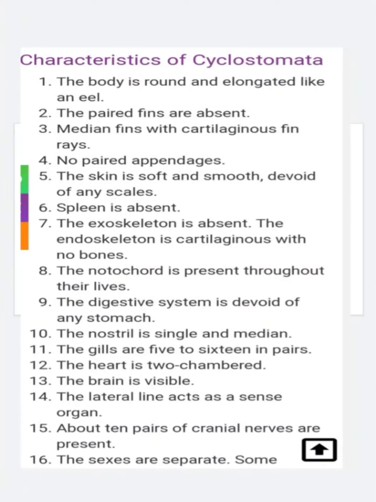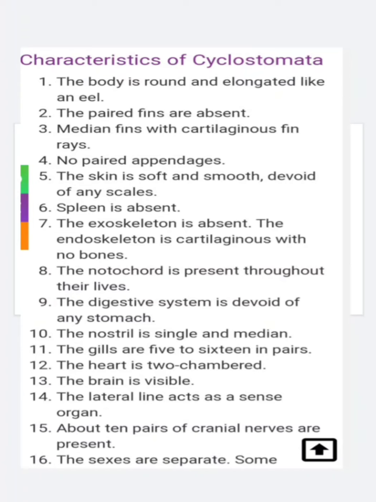And in these animals, in the digestive system, the stomach is absent, and pancreas and spleen are absent. Even though the digestive system lacks a stomach, it consists of an intestine, which is a folded structure, also called the typhlosole.